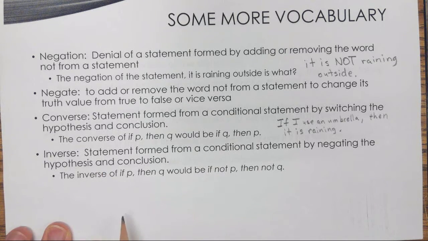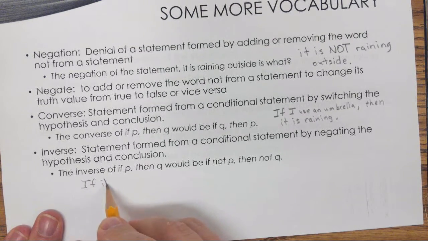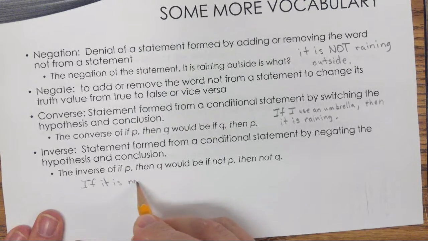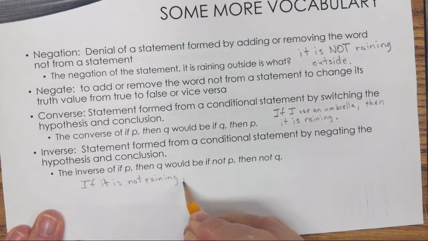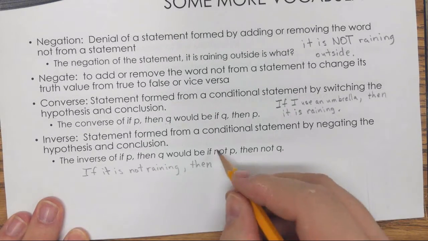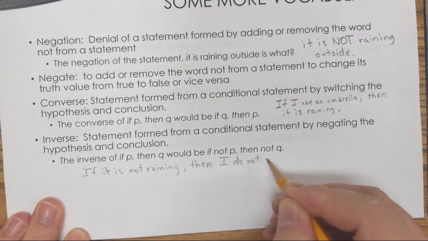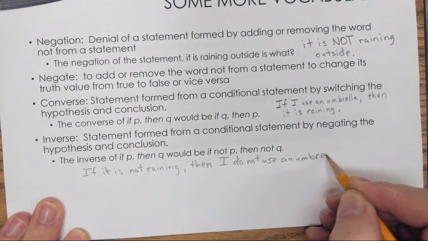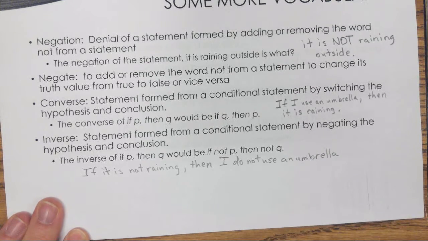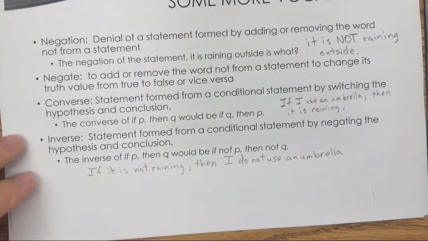Well, the inverse of that would be if it is not raining, then I do not use an umbrella. Okay. Inverse is putting the not in there. Converse is just switching the hypothesis and the conclusion.